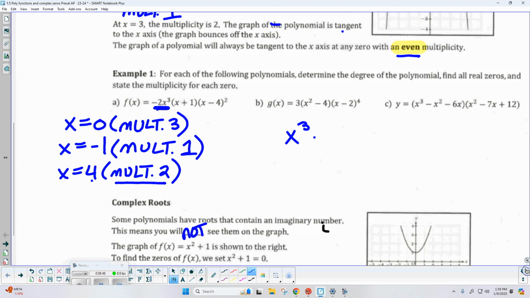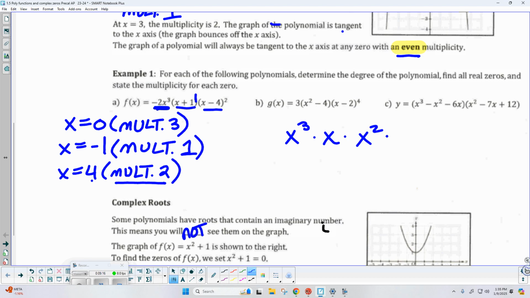Okay. For the x plus 1 in the middle, there's just a power of 1, so we're not expanding it. So I would only get an x out of here. But if I took x minus 4 and I expanded it, what kind of x would I get out of that? X squared. Now think about your exponent rules. If I were to multiply x cubed times x squared, what would my degree be? 6.